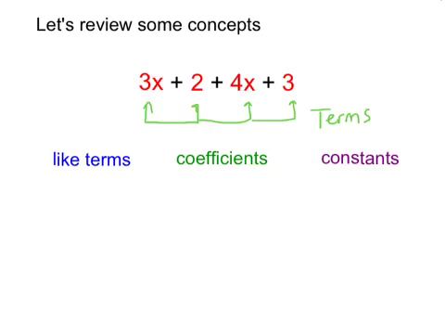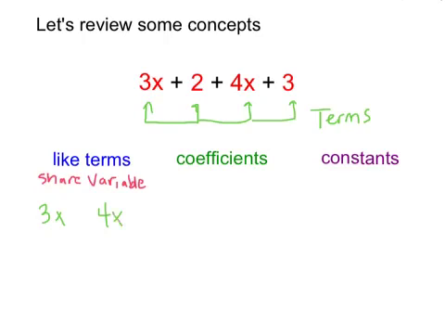And if we look at this list, remember like terms are anything that share the same variable, not just any variable, but share a variable. So our like terms in this situation are 3x and 4x. Those share the same variable.